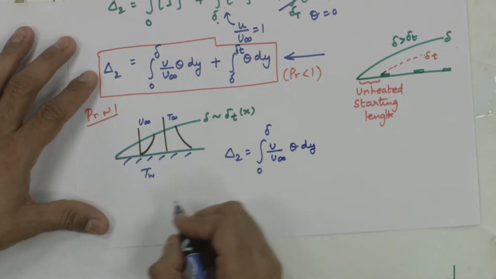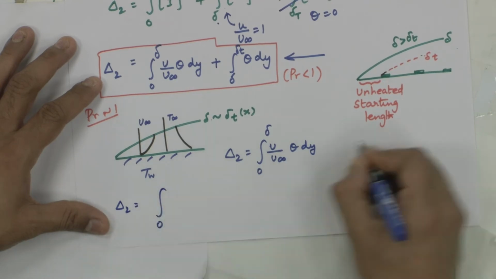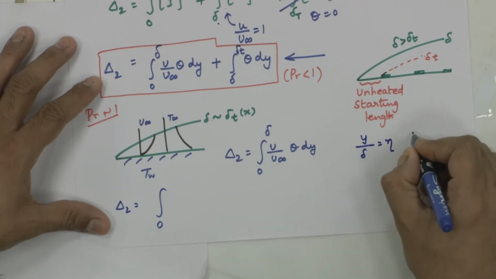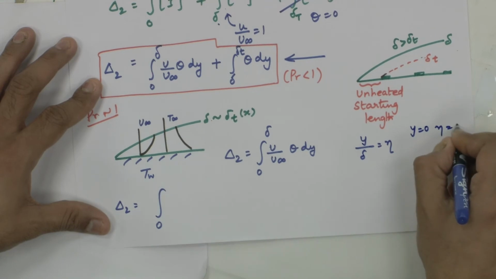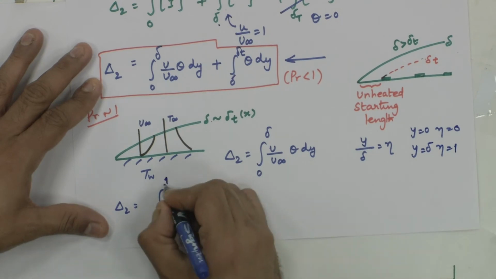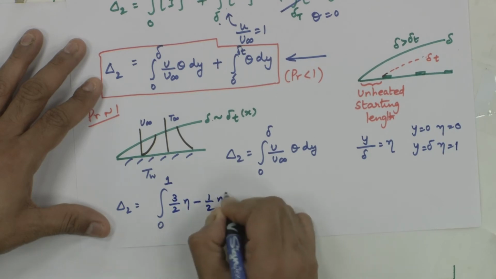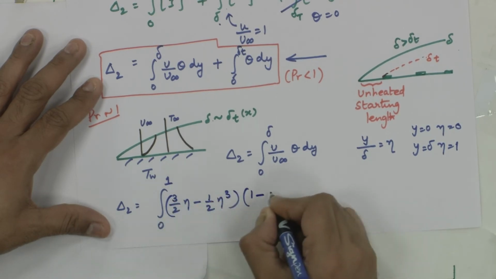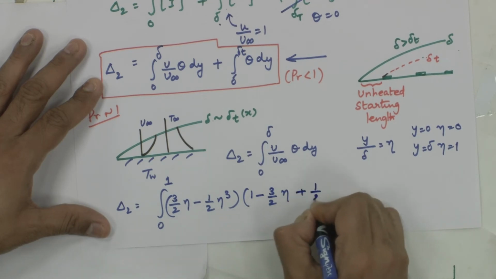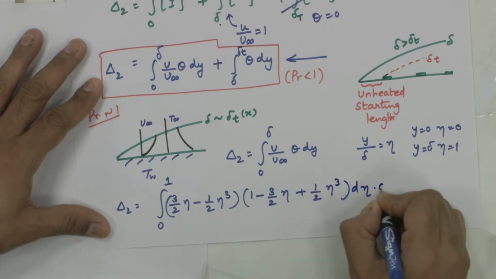So, this is nothing but, I will write it as 0 to delta, where y over delta is equal to eta. So, y equal to 0, eta equal to 0, y equal to delta, eta equal to 1. So, this is 0 to 1, 3 by 2 eta minus half eta cubed, 1 minus 3 by 2 eta, is not eta t anymore, plus half eta cubed d eta into delta.